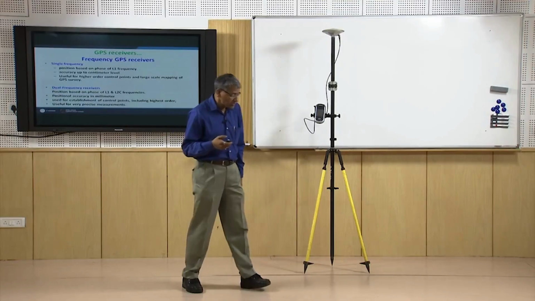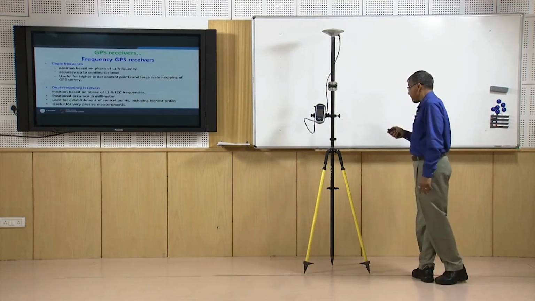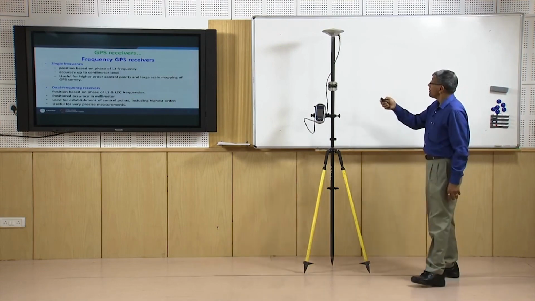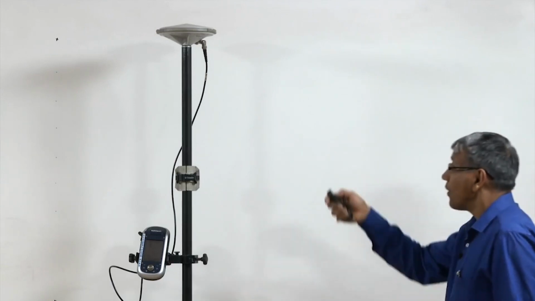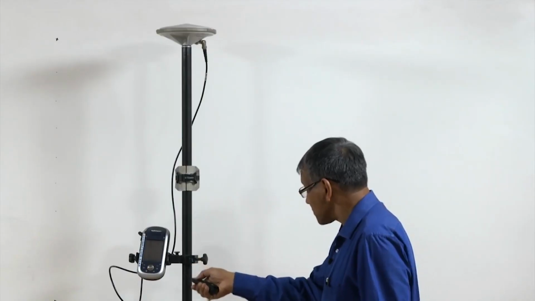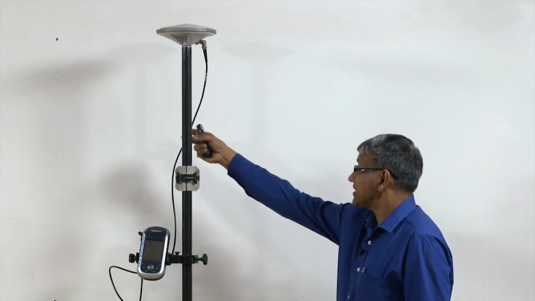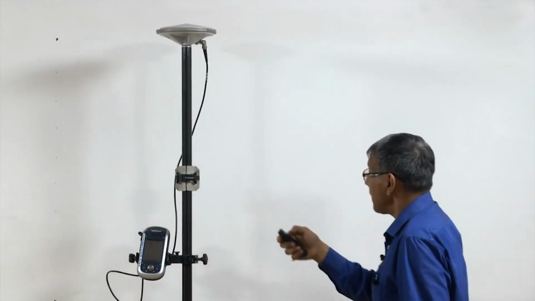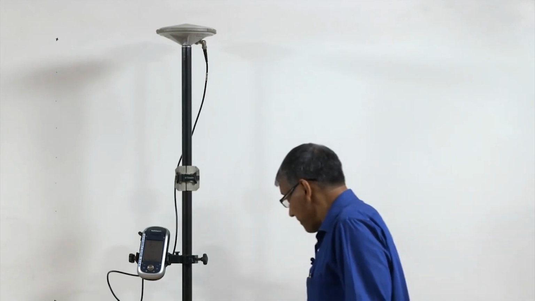Now let me demonstrate a second dual frequency GPS receiver. Here you see a dual frequency GPS receiver where this is the antenna of the receiver, and the receiver as well as controller is this one, which is connected using a connector, and it has been set up on a stand.